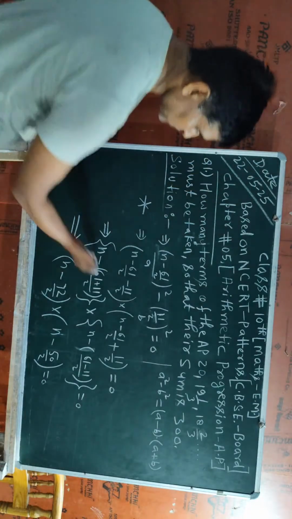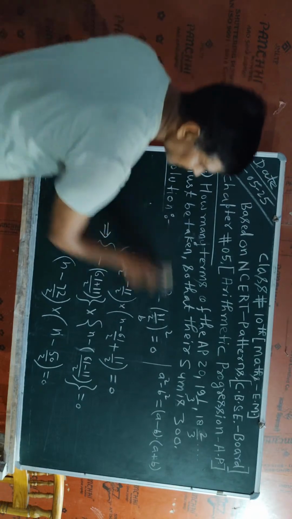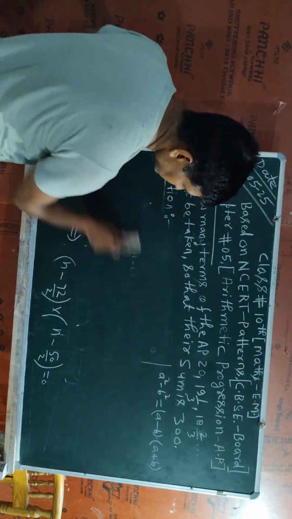Okay students, so after simplification I have got this value. Now further I am going to create a bracket, and after creating a bracket I will get its value after simplification.